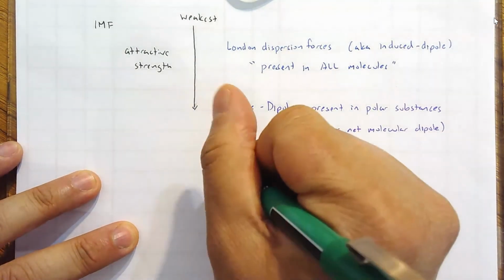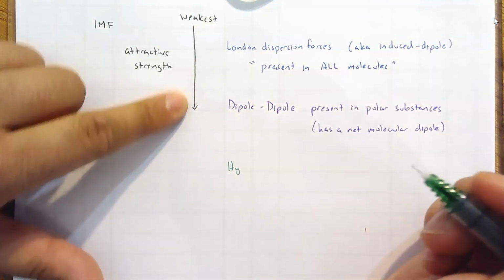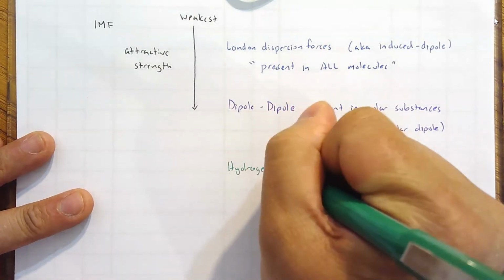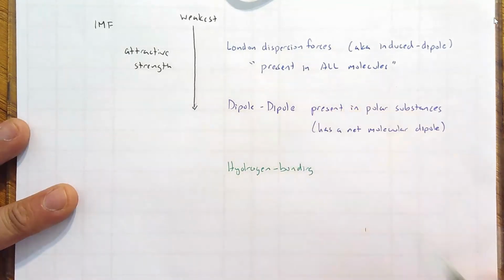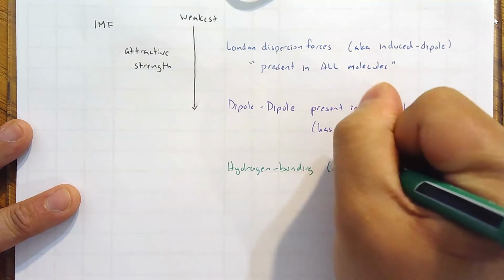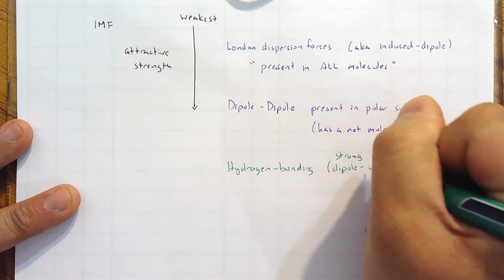The next one is hydrogen bonding. I should have drawn this arrow a little bit longer. Actually a lot longer. Hydrogen bonding. That is a dipole-dipole attraction, but it's strong. A strong dipole-dipole.